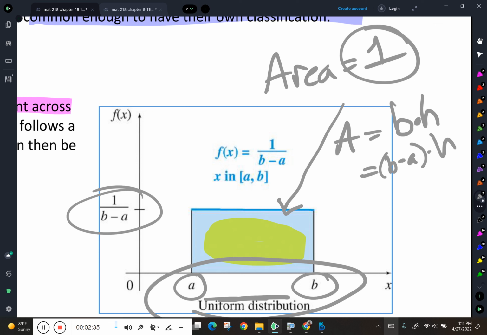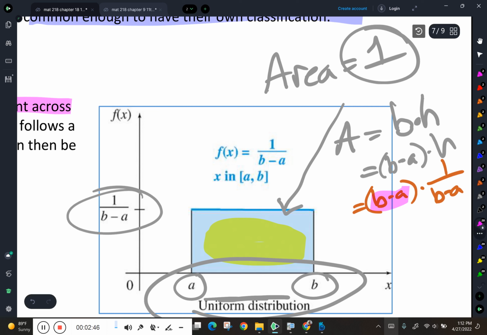The way that you get an answer of 1 when you multiply is you multiply something by its reciprocal. So no matter what number the base ends up being, the height is just the reciprocal. If my base ended up being a 5, that would just be 1/5. Or if my base ended up being a 12, then that would just be 1/12. Or if my base ended up being a 7, it'd be 1/7.